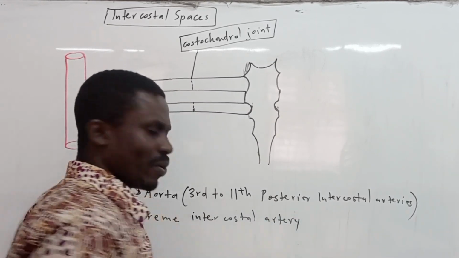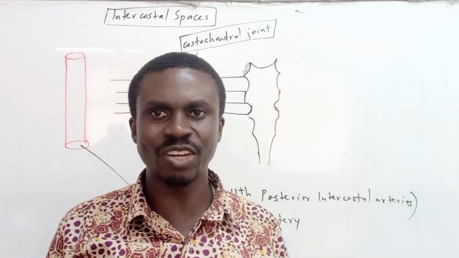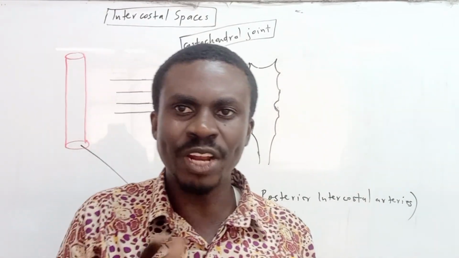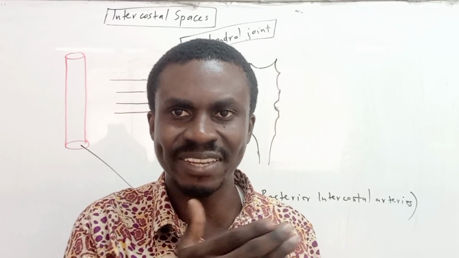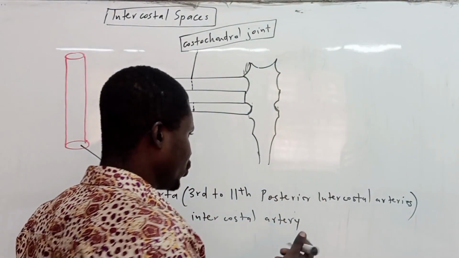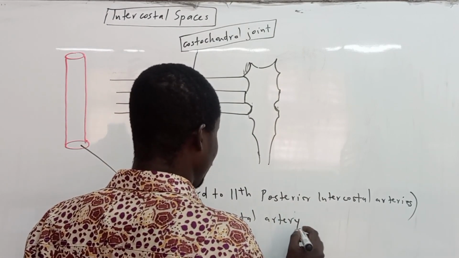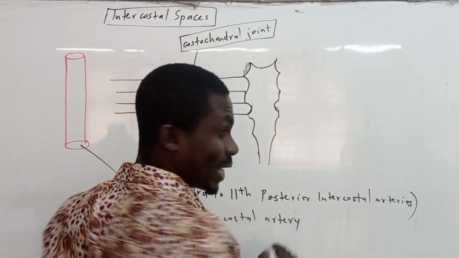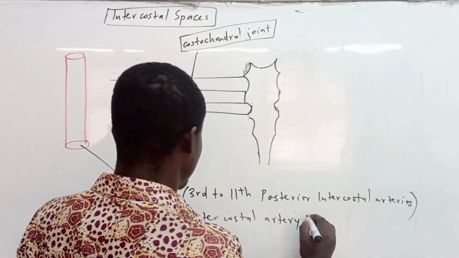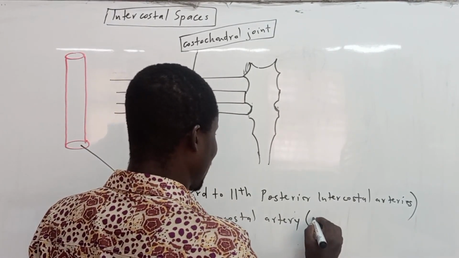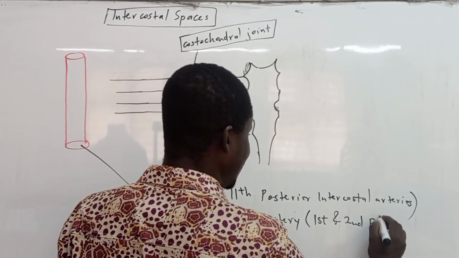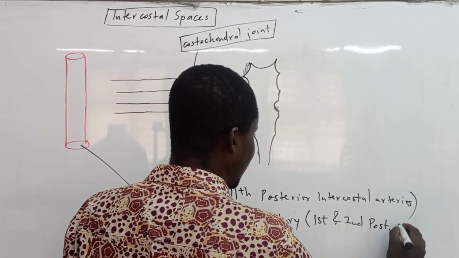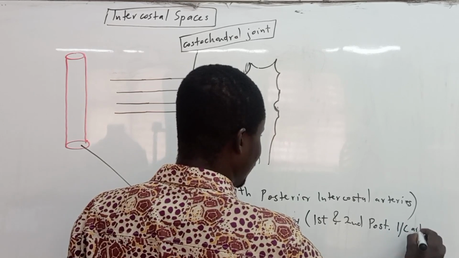Now, this supreme intercostal artery actually arises from something we call the costocervical trunk. I'll put that one down. But for now, what I want you to know is that it is going to give us the first and second posterior intercostal arteries.